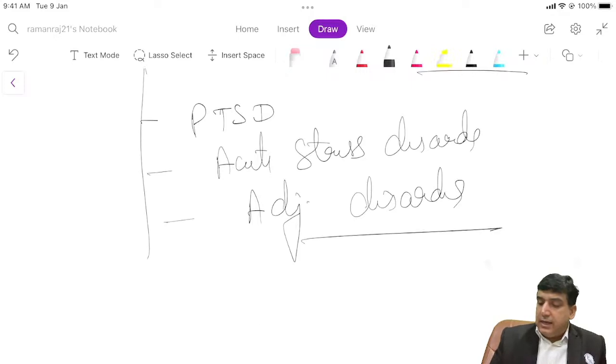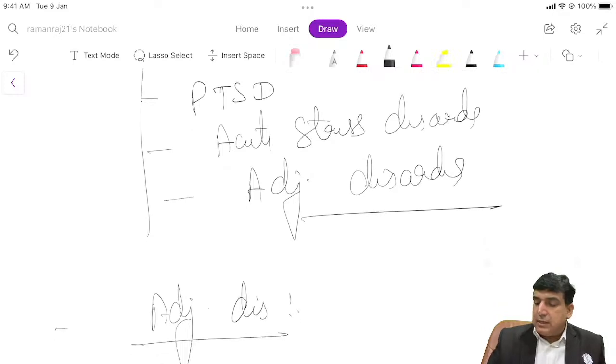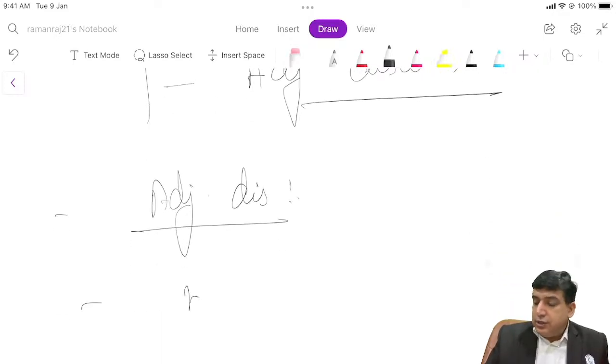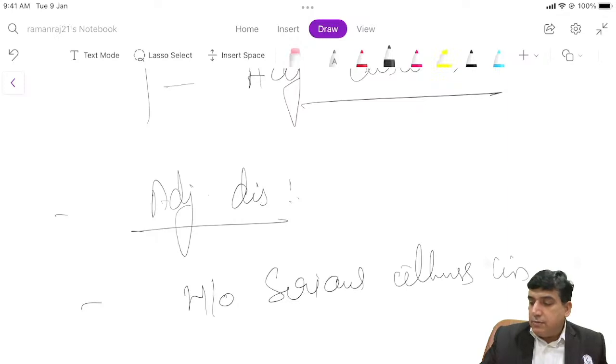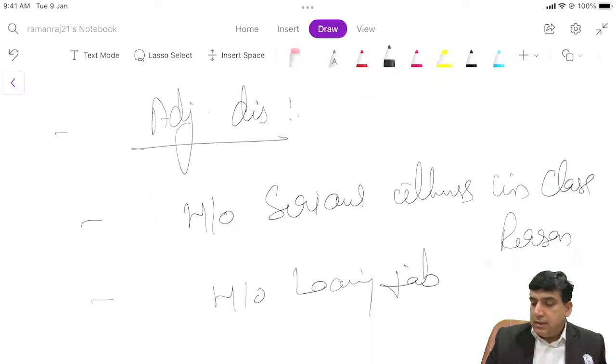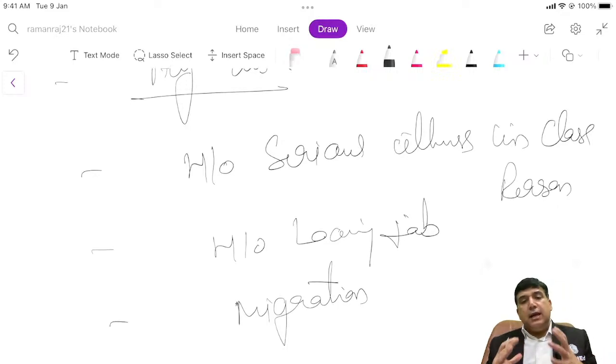Adjustment disorder, we make a diagnosis of adjustment disorder when the person has a history of either serious illness in a loved one, or losing a job, or migration, or any stressor.